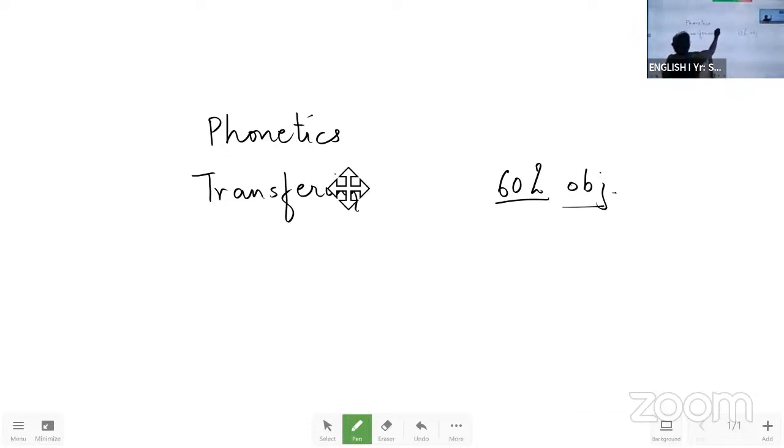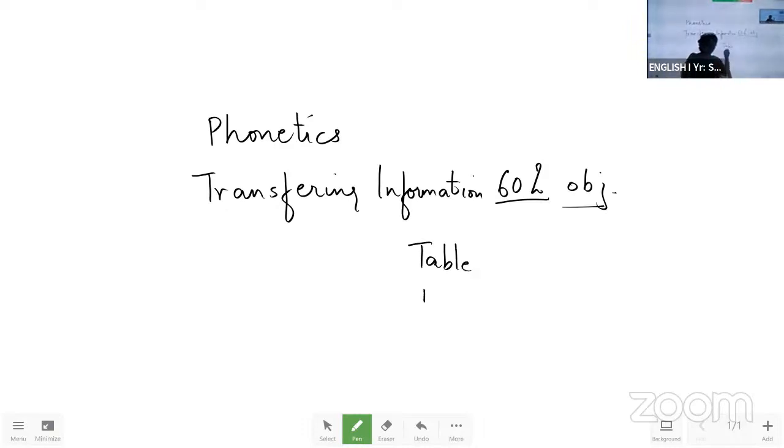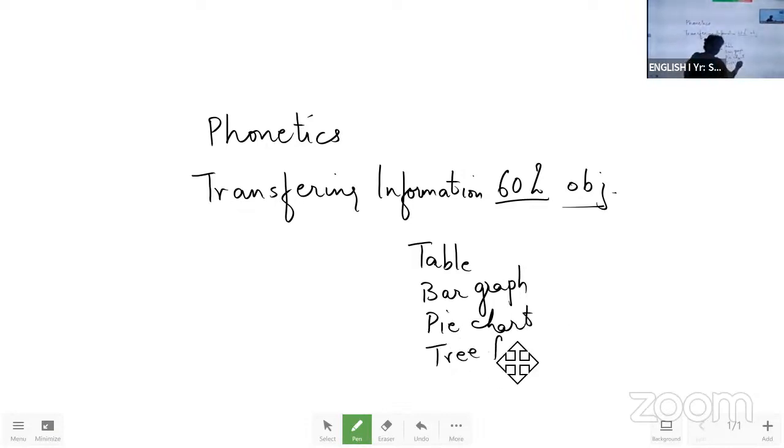Transferring information is not in English, but you have come across it in your other subjects, whether it is a table, bar graph, pie chart, tree diagram, and flow chart.